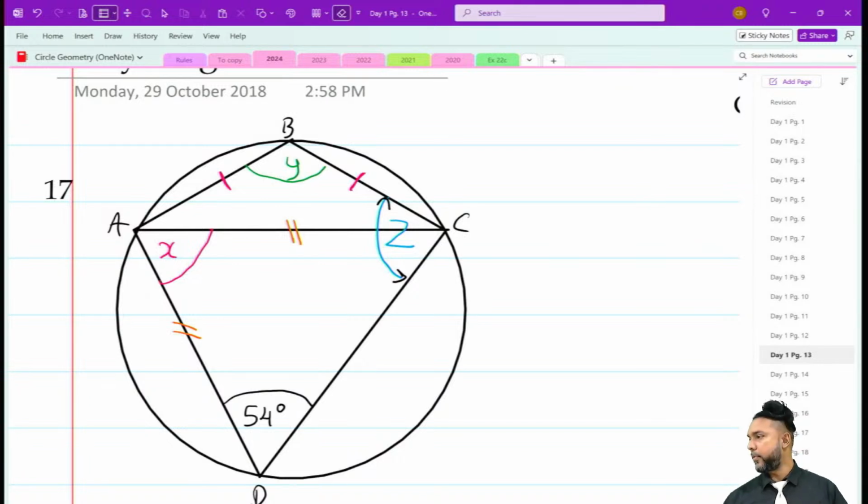Do you understand the division and what I meant by that? I would say divide this by 2. So this is 54. So find x first.